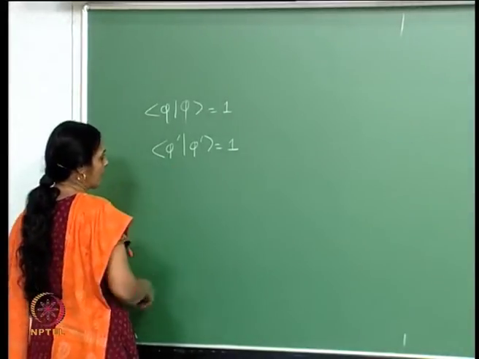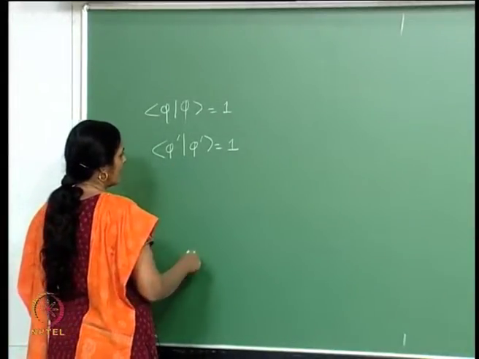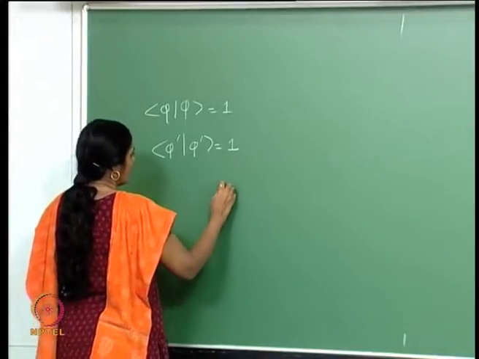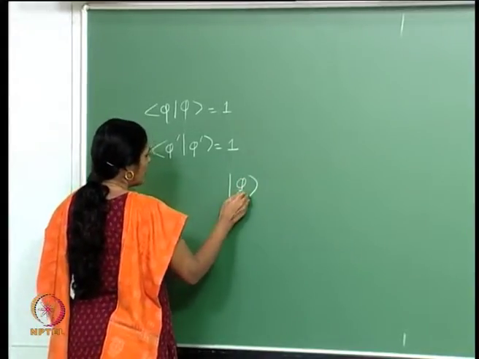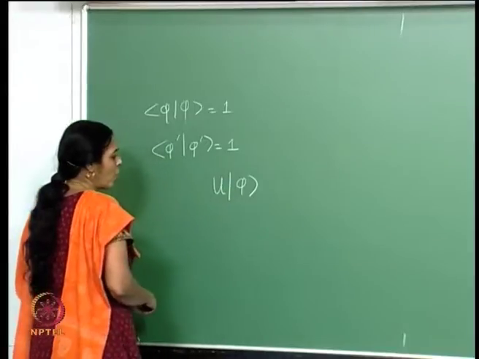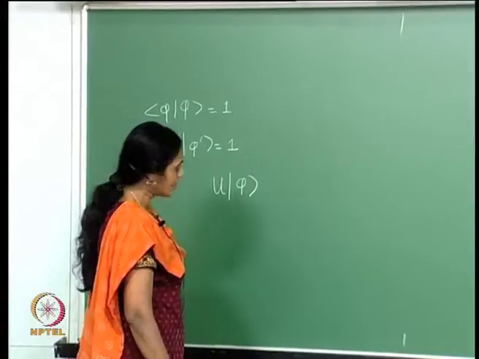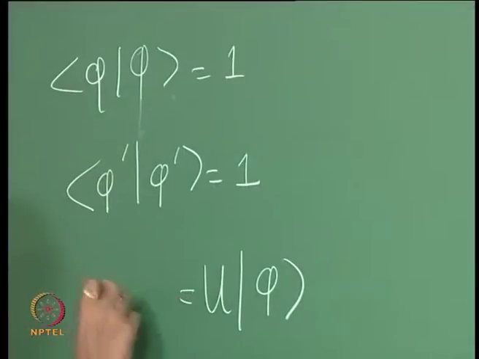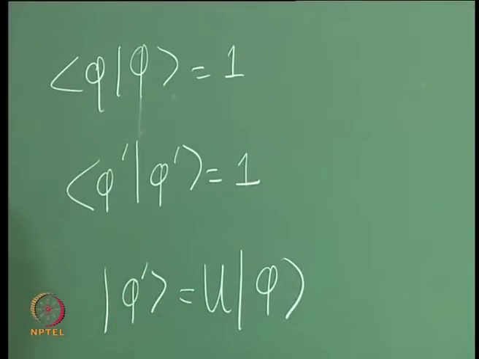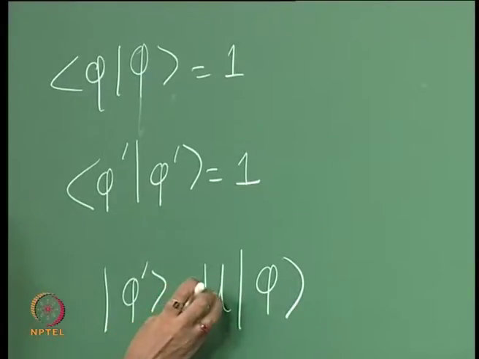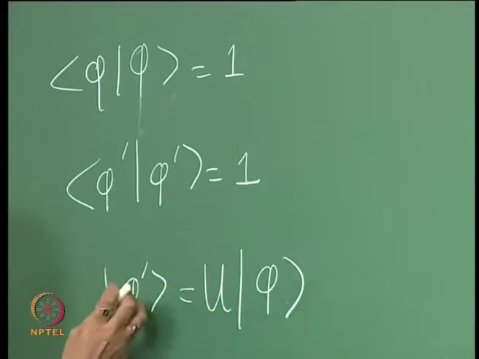This could be Ex prime. It is clear that I have operated on phi with some operator U. In this particular example, it was the Hadamard operation to give me phi prime. U is an operator that acts on this state to give me that state.